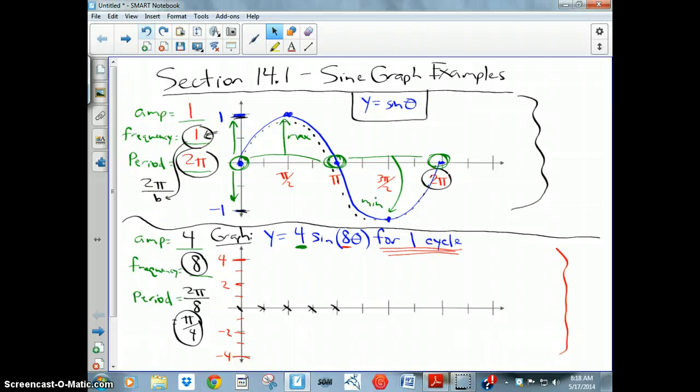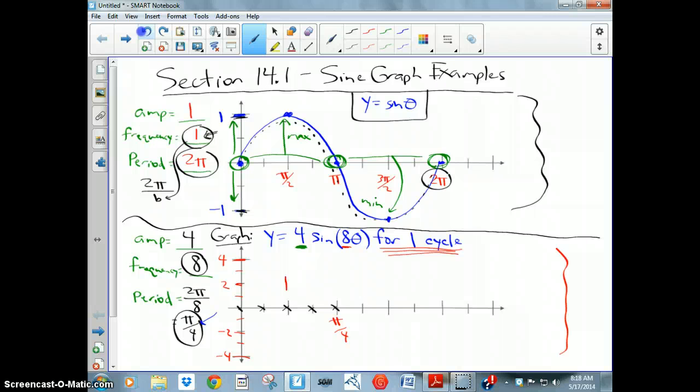Now, when I graph, the most important thing is labeling the x-axis. Pi over 4 is the period. That is where the 5th dot will be, at pi over 4. Now I need to label the rest of my graph.